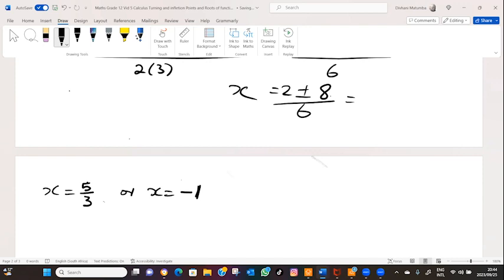Now, these are the roots. The roots are when x equals 5 over 3, or when x is minus 1.